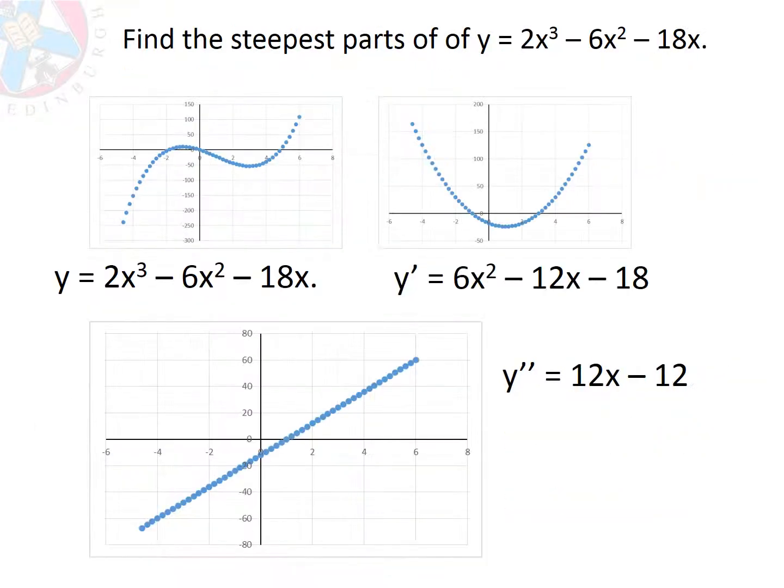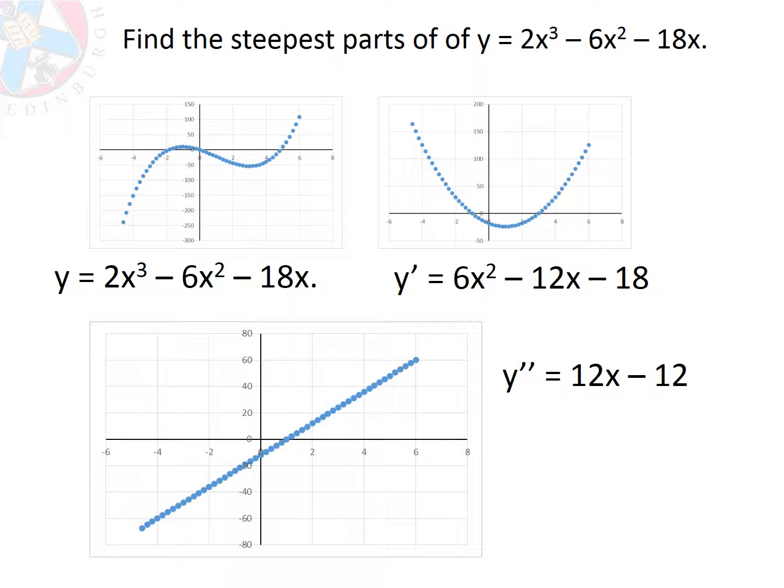But it's not just the smiley face. If we differentiate again, now we've got y prime equals 6x squared plus 12x minus 18.